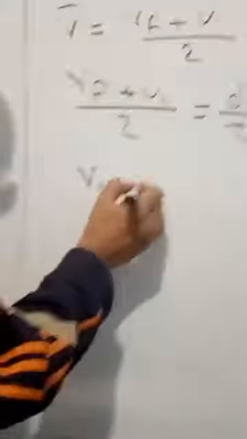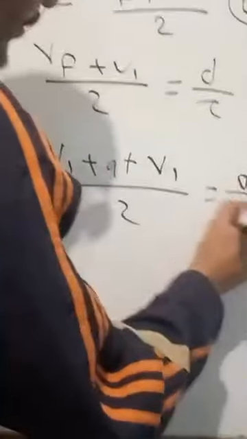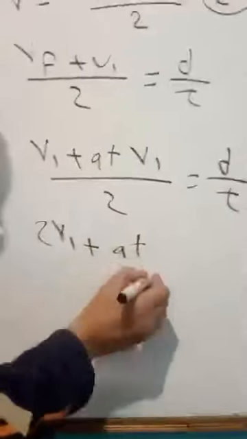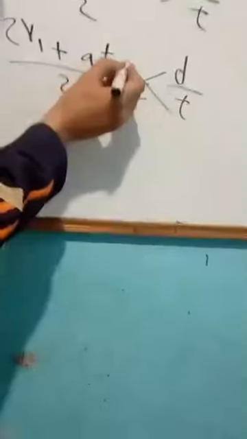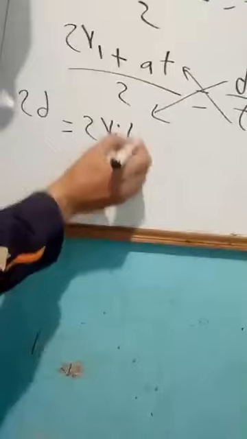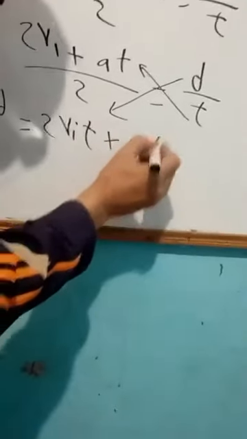So I replace Vf by Vi plus at: Vi plus at plus Vi over 2 equals d over t, so Vi plus Vi plus at over 2 equals d over t. By multiplying the two sides by 2 and t, we get 2d equals 2Vi t plus at times t, which is at squared.